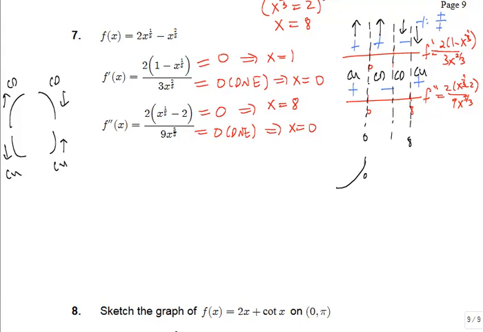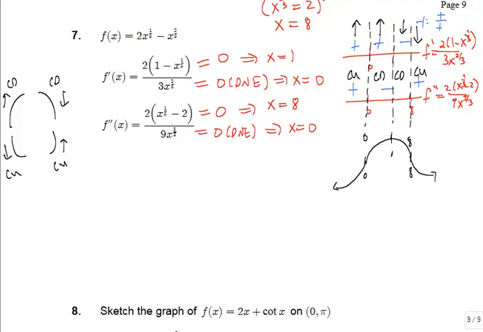Then I want to be concave down increasing, which would be this shape, so I have a point of inflection right there at 0. Then I want to be concave down decreasing, which is this shape, until I hit 8. And then after 8, concave up decreasing, which is this shape right here. So I have another point of inflection at 8, and I'm going to have my arrows.